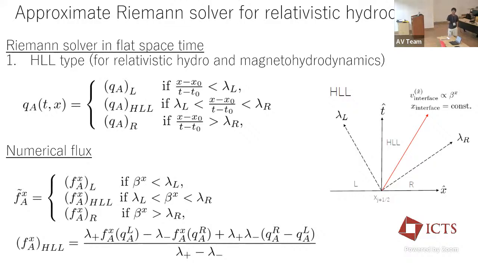And the HLL state is given by this formula, as I derived yesterday. So now, okay, this is the completion of the HLL scheme for relativistic hydrodynamics and magnetohydrodynamics.